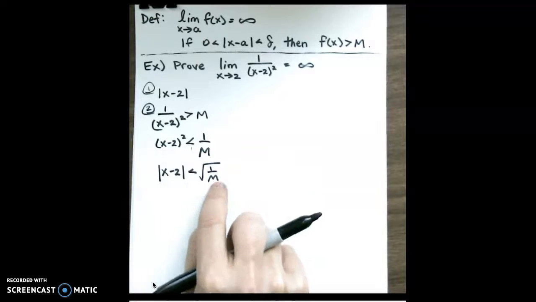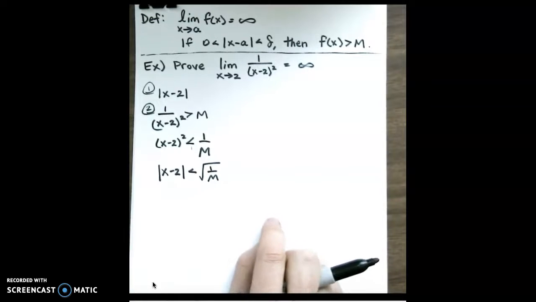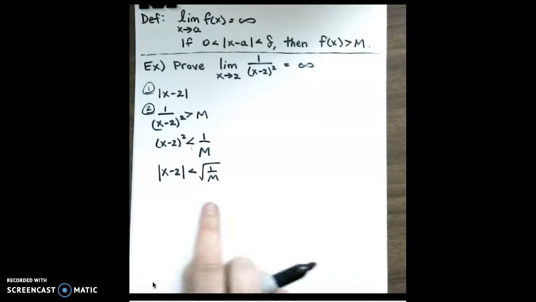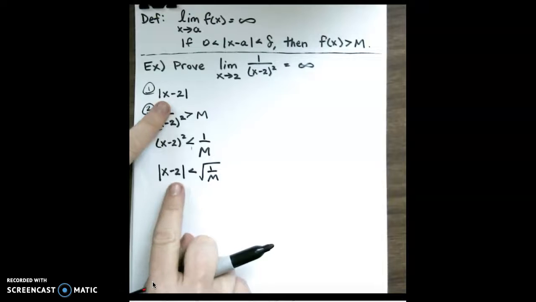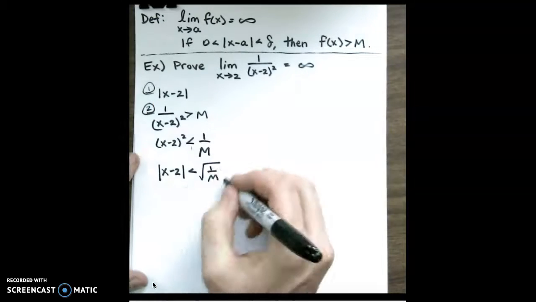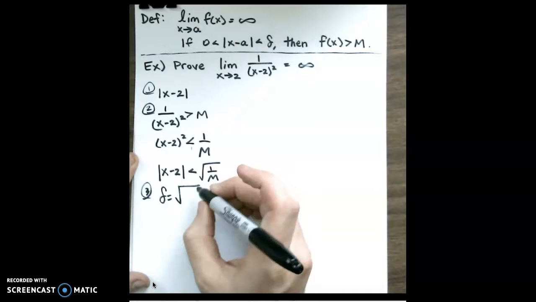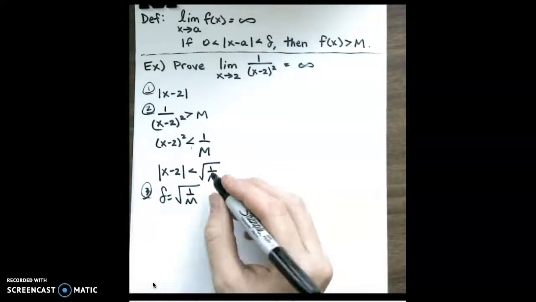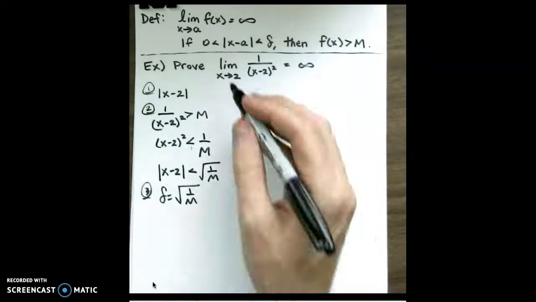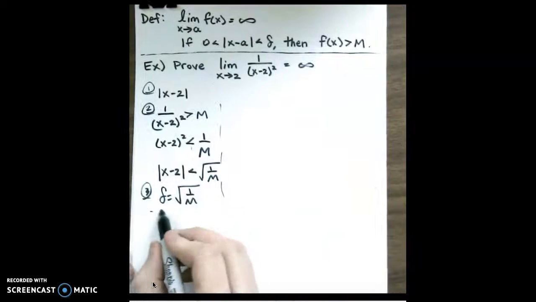So in order to keep it positive, we can just put absolute values. And here we are. We got to where we wanted for step 1. So this is my delta. That's your step 3, whatever we end up with over here. All right, so now that's your preliminary analysis. Now we're going to actually go into the proof.